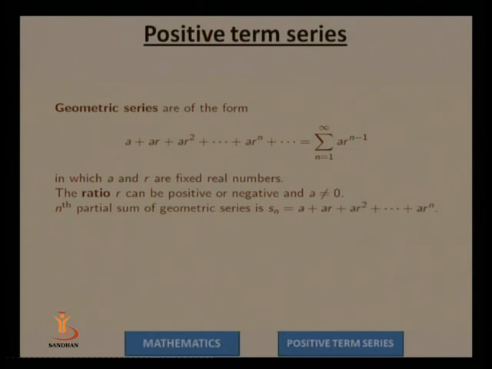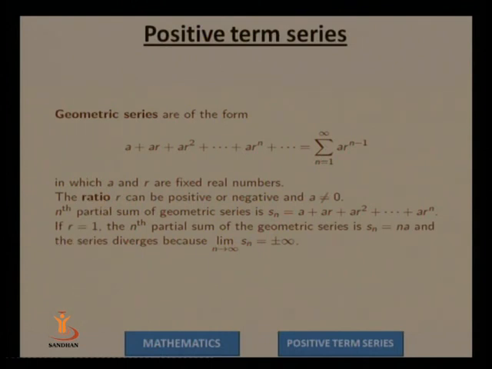Now let us try to calculate the partial sum of the geometric series, that is Sn. So Sn will be the sum of the first n terms, that is a plus ar plus up to plus ar raised to n. Let us first discuss what happens if r is equal to 1.